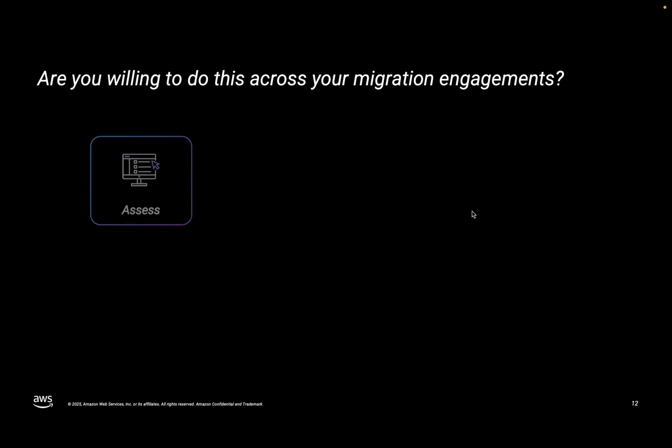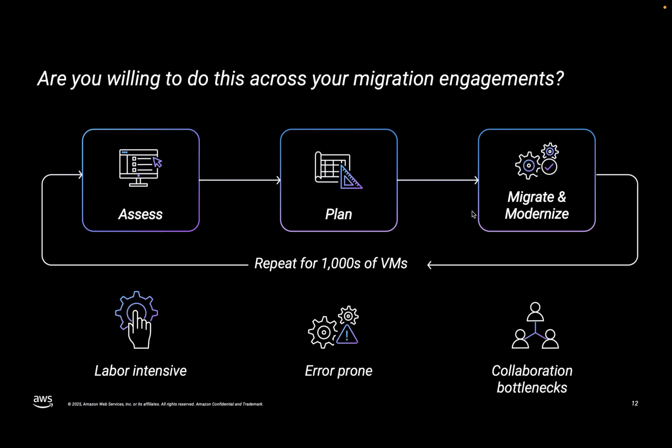But with this three-phase approach, if you want to iterate multiple times, let's say you have 1,000 VMs, it is labor intensive, even though it is done with an agentless collector and such.